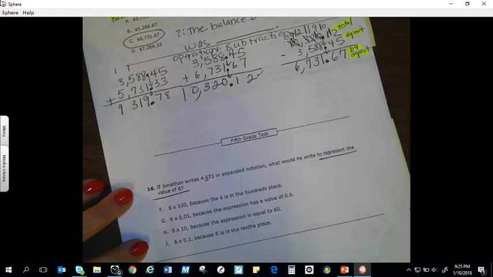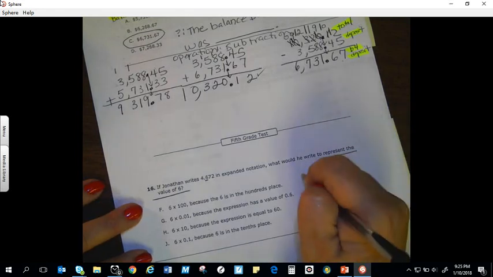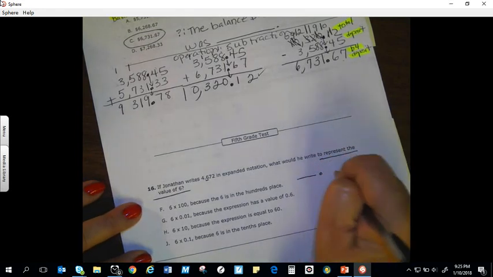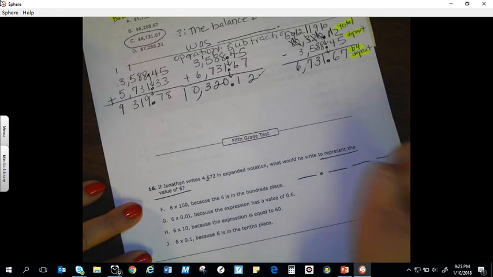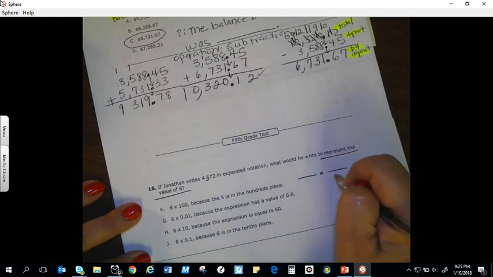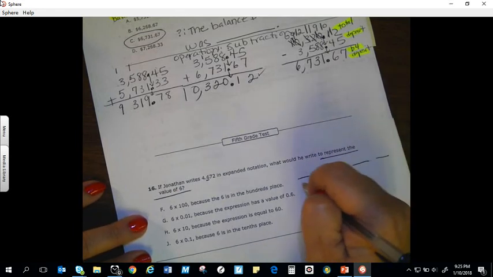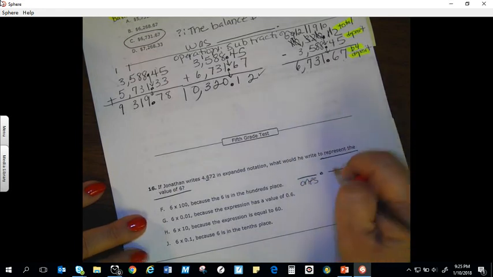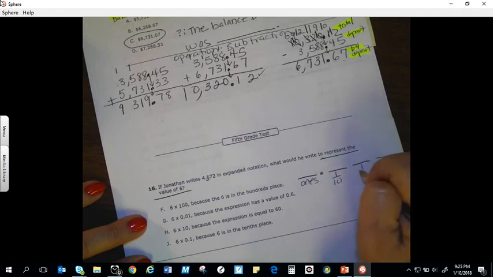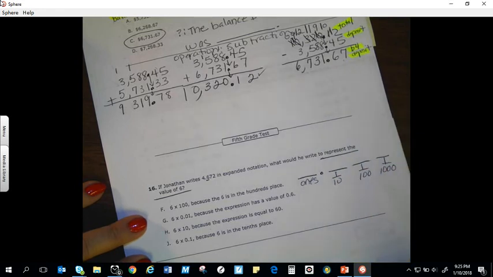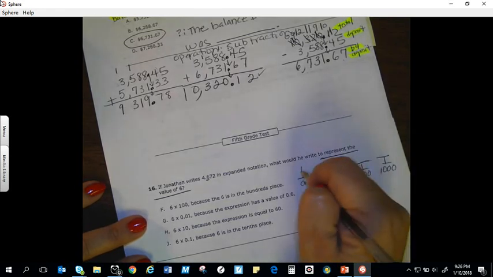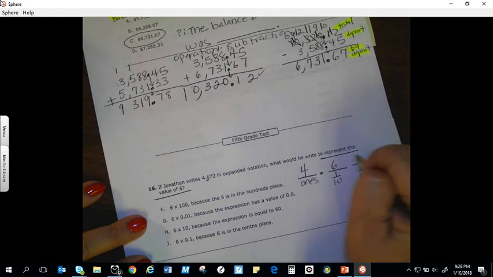Okay, first thing I'm going to do is I'm drawing out, and I'm going to put, I know this is ones place, this is tenths place, this is hundredths place, and this is thousandths place. Okay? I'm looking for, this is 4, 6, 7, and 2. I need the value of 6.